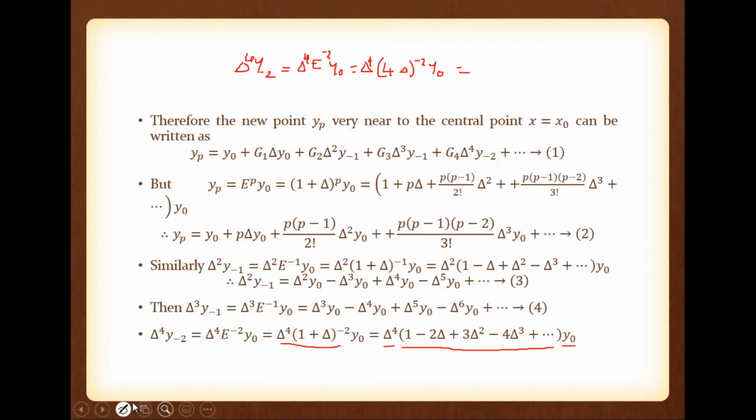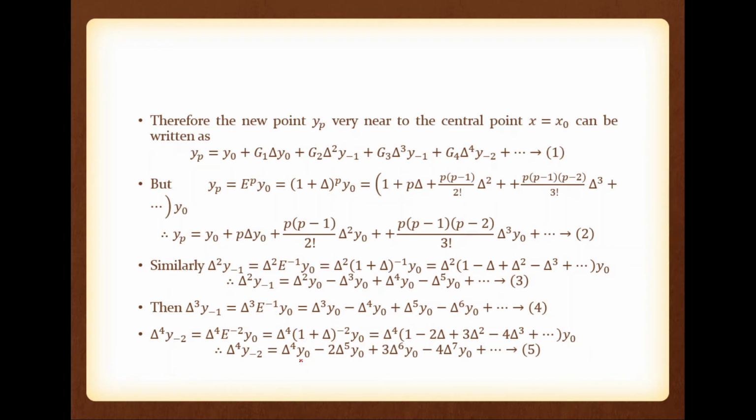So please note delta raised to 4 y minus 2 is equal to delta raised to 4 y0 minus 2 delta raised to 5 y0 plus 3 delta raised to 6 y0 minus 4 delta raised to 7 y0 plus etc. So this is equation number 5, which is used to replace this term.